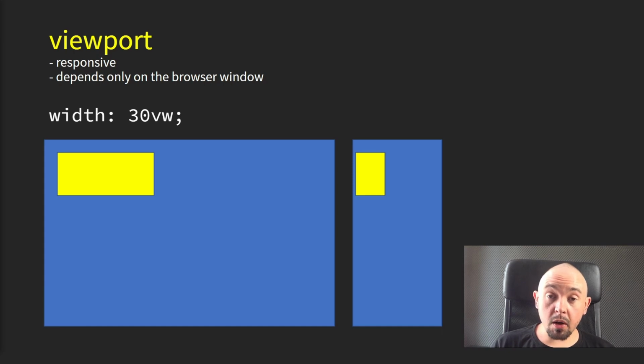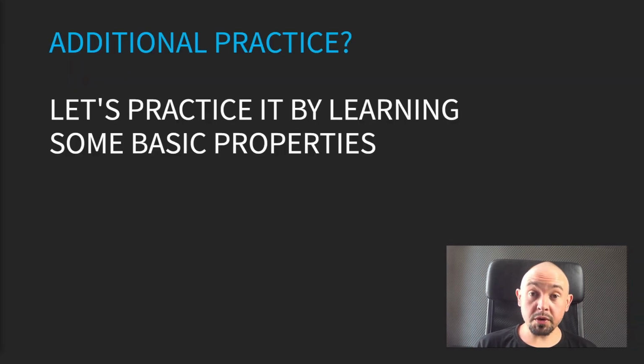So viewport is always responsive and depends only on the browser window, not on the parent element. Before we move on to the further practice, let's first learn the basic properties of CSS so that we can practice the basic properties together with the units.